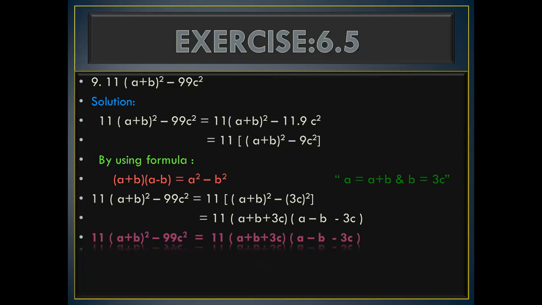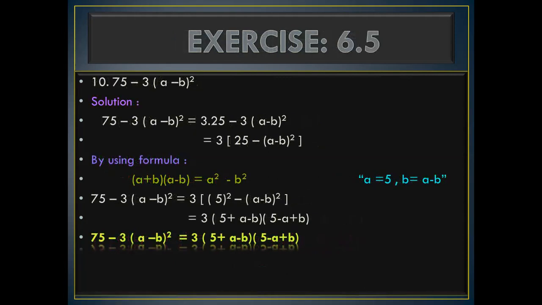In the question, (a plus b) will be the same, only the sign of 3c will be changed. In the first bracket, the sign of 3c will be plus, and in the next bracket, the sign of 3c will be minus. But (a plus b) will be the same in both brackets. So be careful. You can do the correction over here.